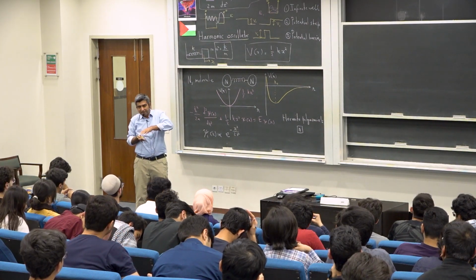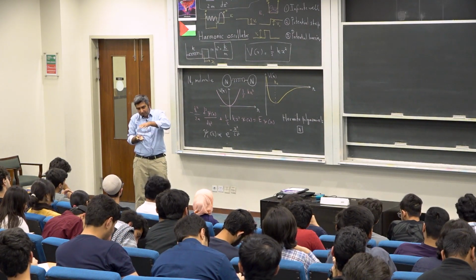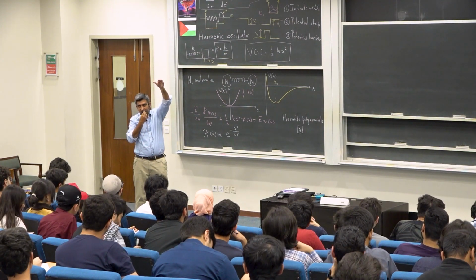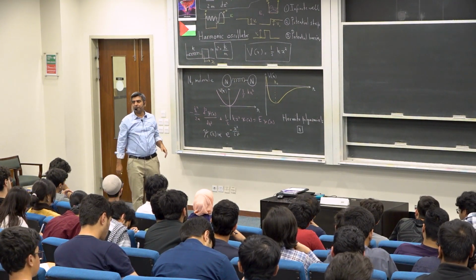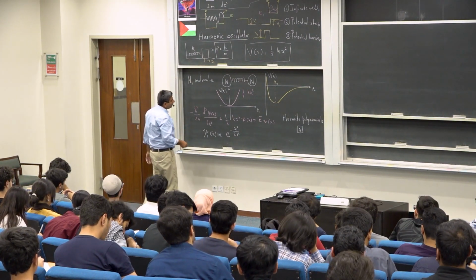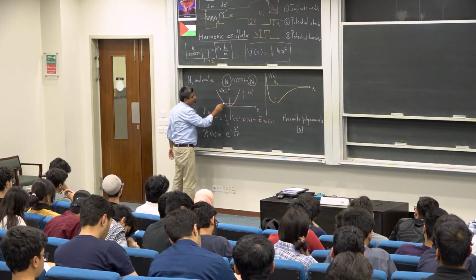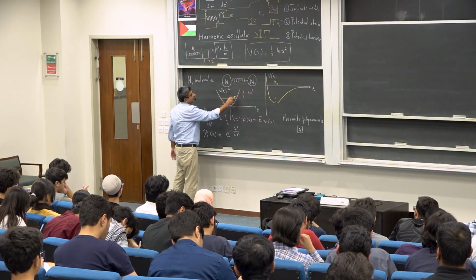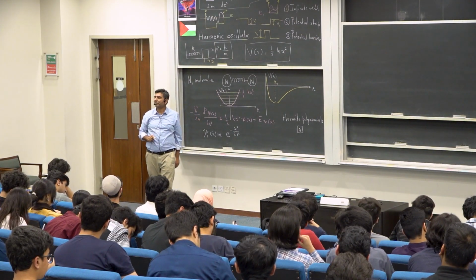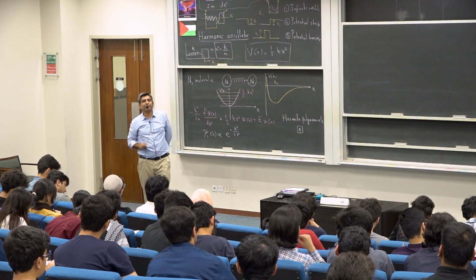So the energy levels, they're not equally spaced, they go up quadratically in an infinite well. But if you solve the harmonic oscillator, all the energy levels are equally spaced.